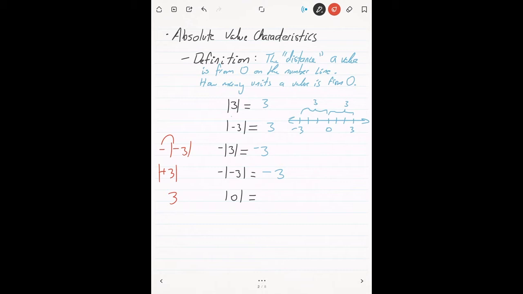The issue with this is we cannot distribute into absolute values, okay? That is not allowed. We cannot distribute into absolute values, okay? Really, the distribution property only works for parentheses. Parentheses, brackets, braces, they're all the same thing. So that's the only time distribution works.